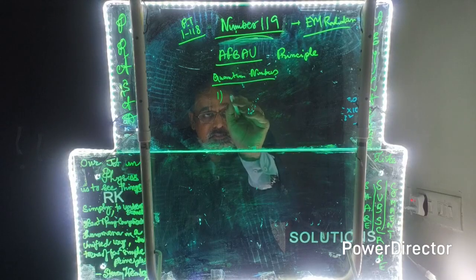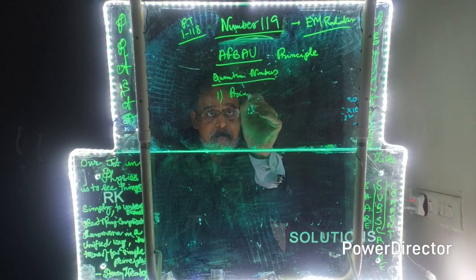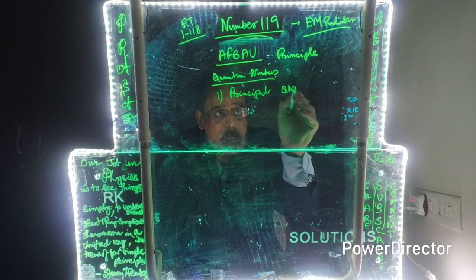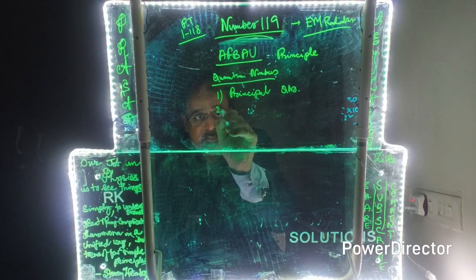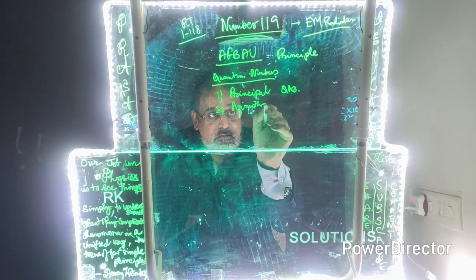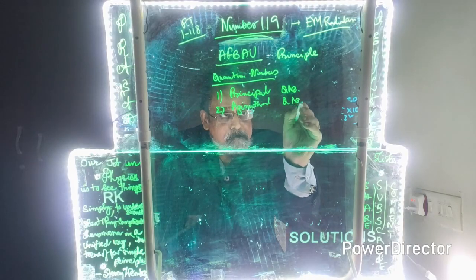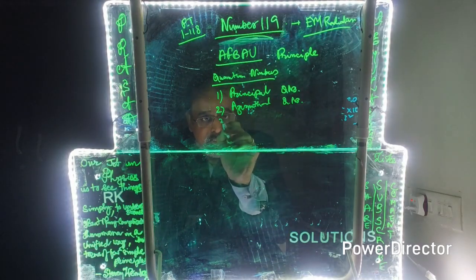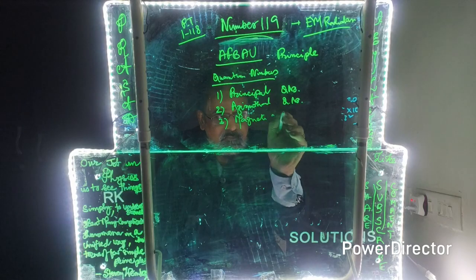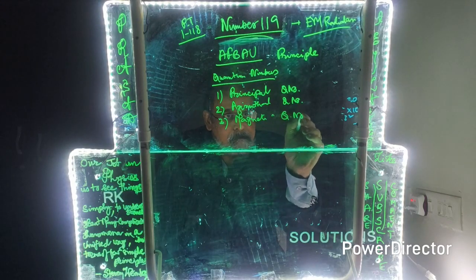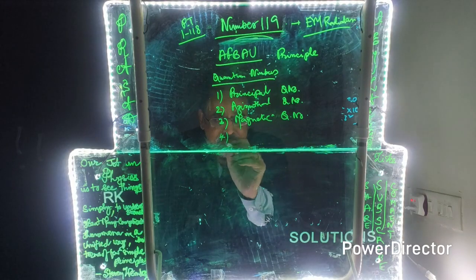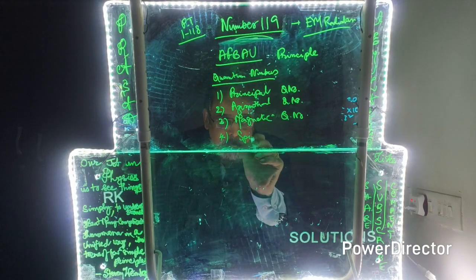Quantum numbers: first is the principal quantum number, second is the azimuthal quantum number, third is the magnetic quantum number, fourth one is the spin quantum number.